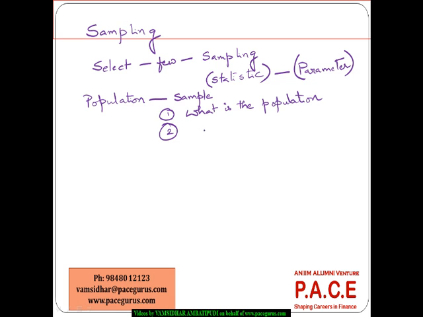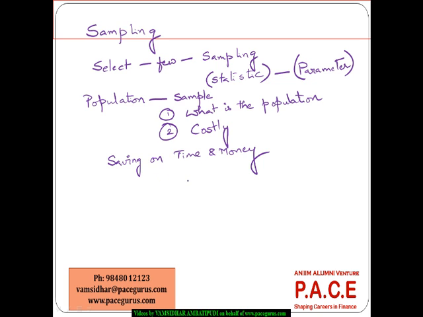Or in some cases, though I know what the whole population is, probably the cost involved in getting the whole data is pretty expensive. So it's nowhere efficient economically. So by getting into the sampling process, we are really saving on time and money. That's one important dimension of sampling.